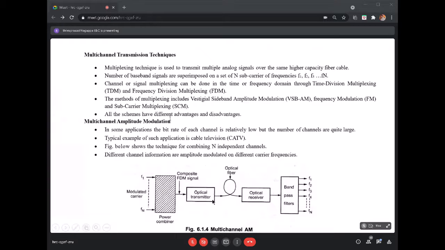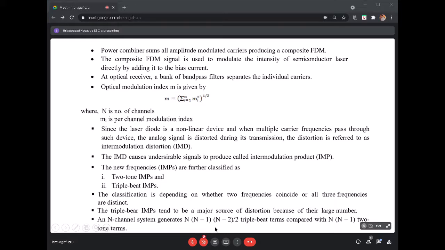In the block diagram, which I have already explained, n independent channels are combined. Different channels are amplitude modulated on different carrier frequencies. The composite signal is converted into an optical signal and then transmitted.